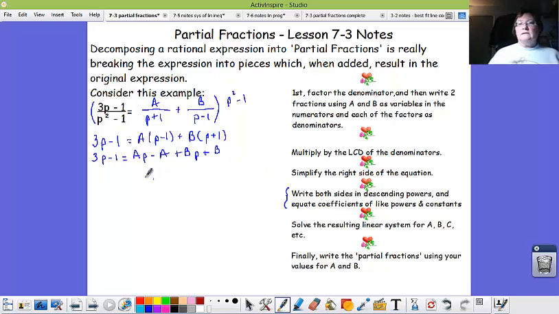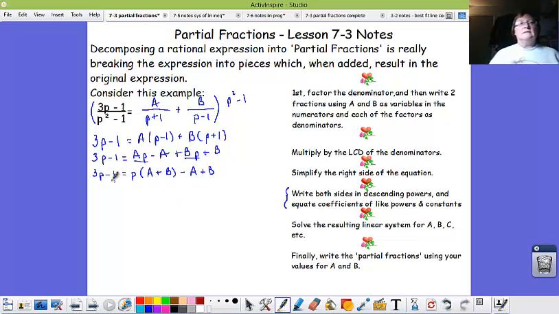I get the descending powers thing, and this is already that way. So 3p minus 1. Then the p terms we want to write up front. We have Ap plus Bp. And folks, I would say to you, you can factor a p out of both of those. They both have a p to give up, and that would leave you with A plus B. So we've just taken those two terms, combined them, and factored the p out of them. Then we have minus A and plus B.